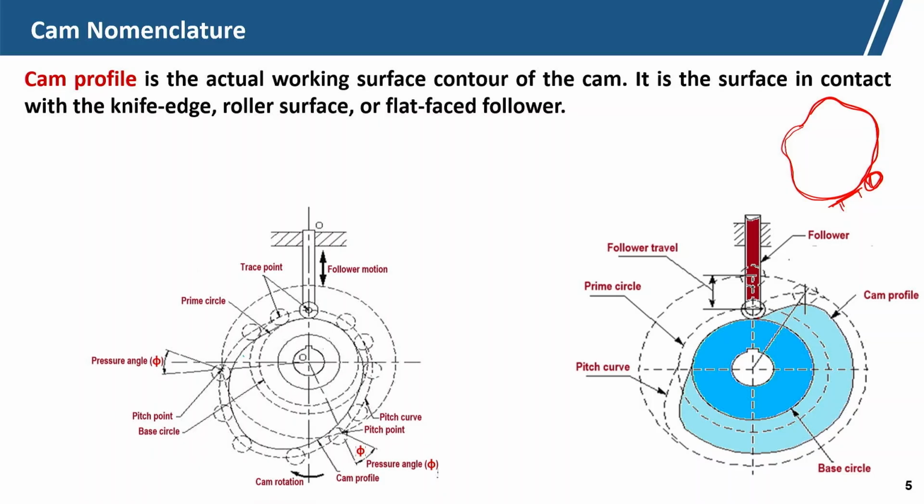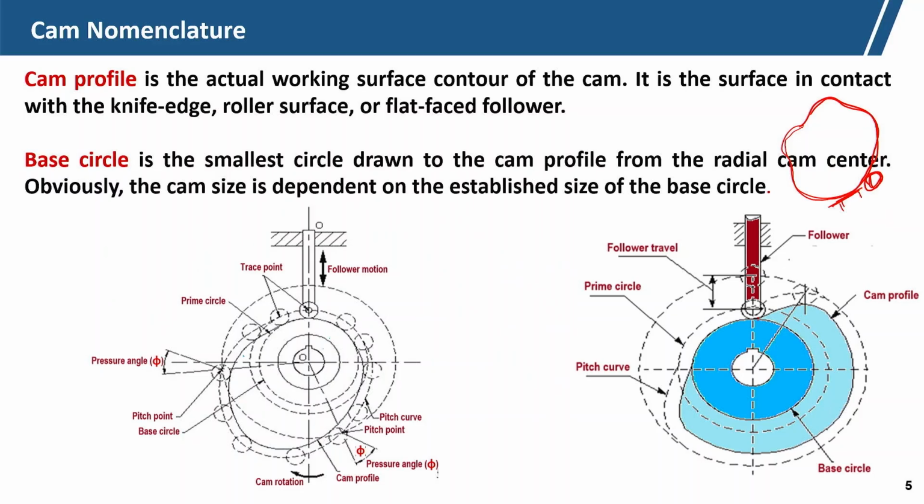Here you can see this one is the cam profile, the actual cam profile. Now, the base circle, the dark blue color, is the base circle. What is that? It is the smallest circle drawn on the cam profile from the radial cam center.